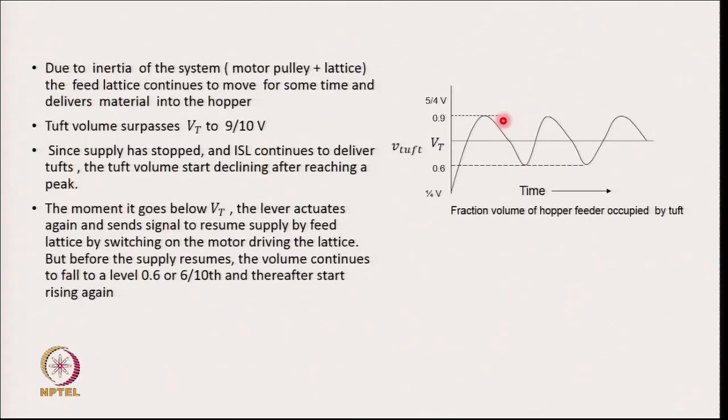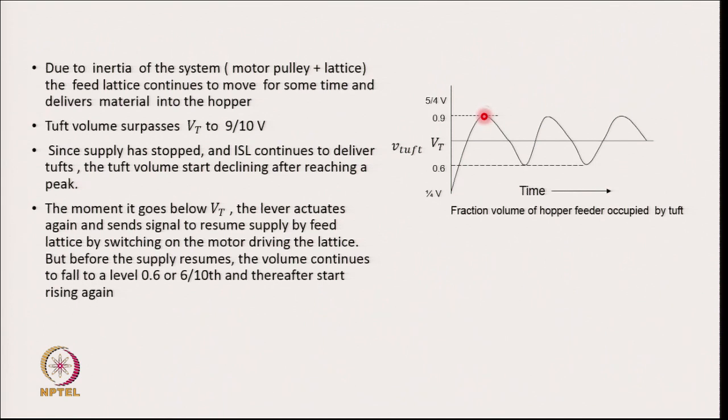Okay. Now, the supply has stopped, but the inclined spike lattice will continue to deliver the material from the machine. So, from one side we are feeding, and from the other side there is a delivery also, because the spike lattice is moving and delivering the material which is there within the bin.